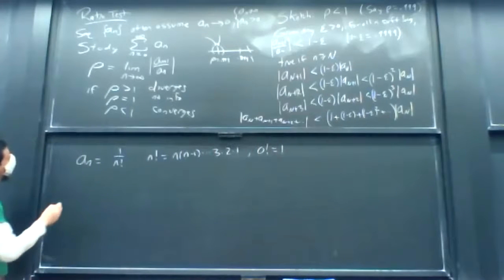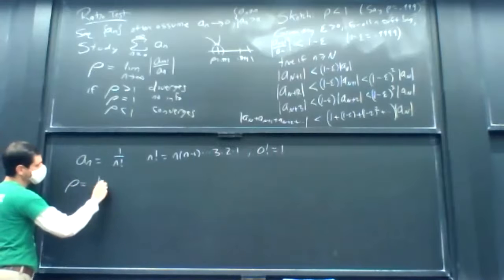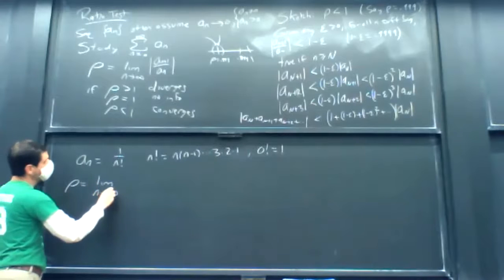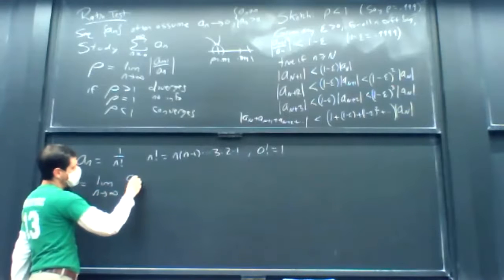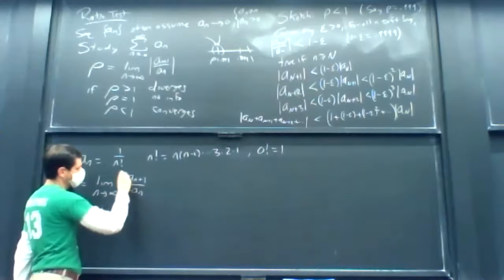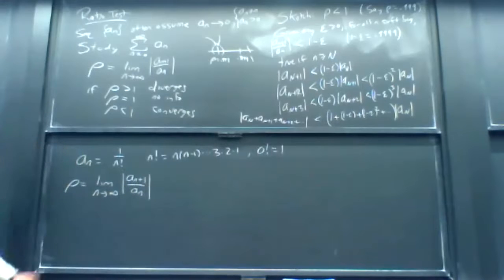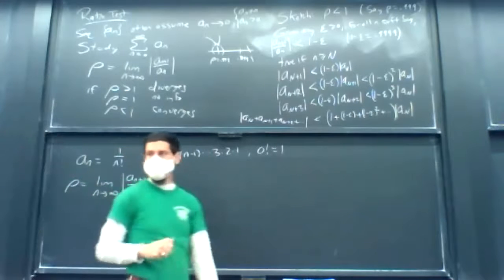So if we want to calculate rho, it would be the limit as n goes to infinity of a_{n+1} over a_n. And when I do these problems, I always like to start off by explicitly writing what I'm calculating. I'm calculating rho equals this. And now I substitute.